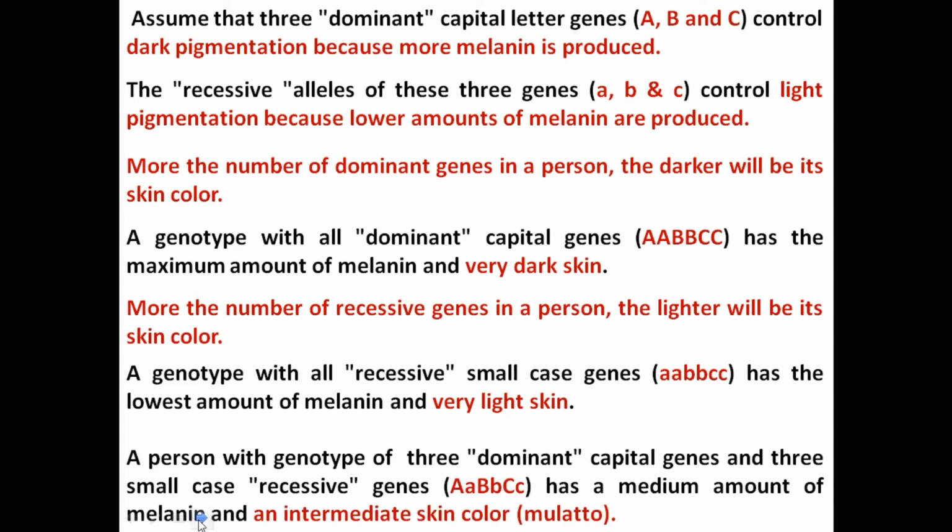A person with three dominant genes and three recessive alleles, that is capital A, small a, capital B, small b, capital C, small c, has a medium amount of melanin and an intermediate skin color, and such persons are called mulatto.